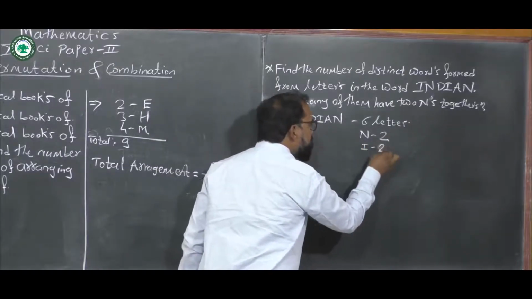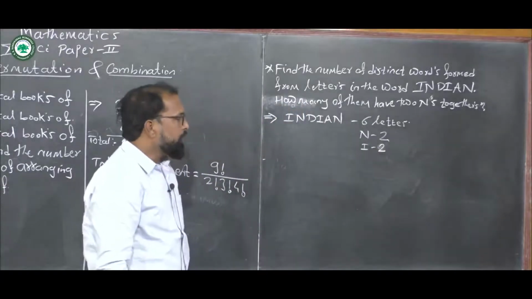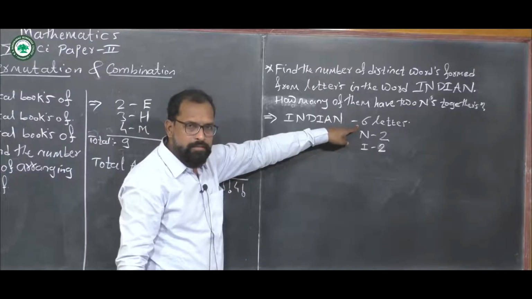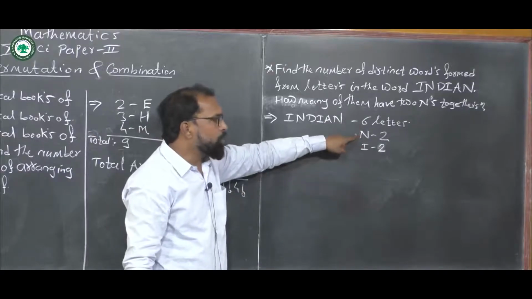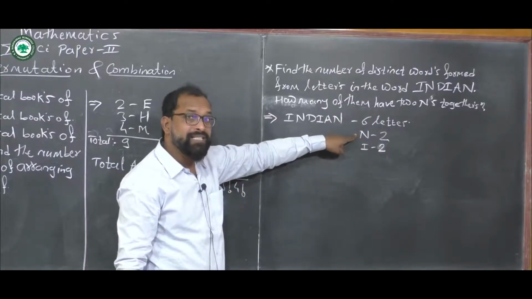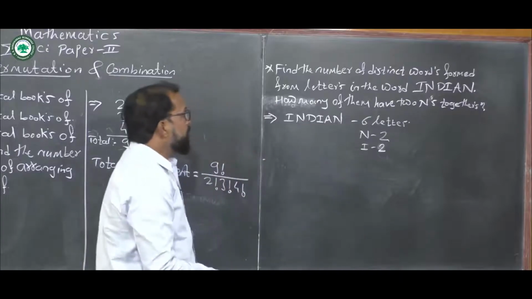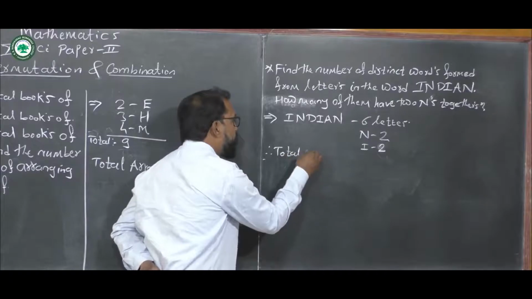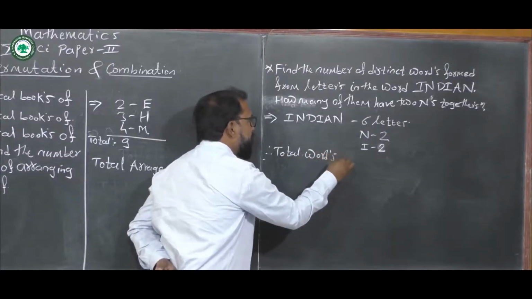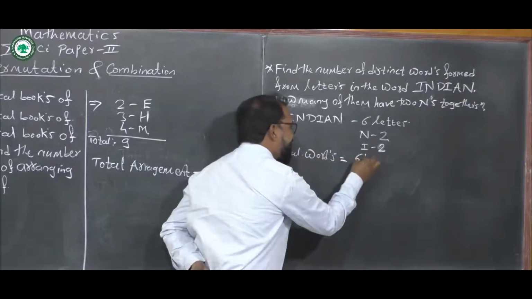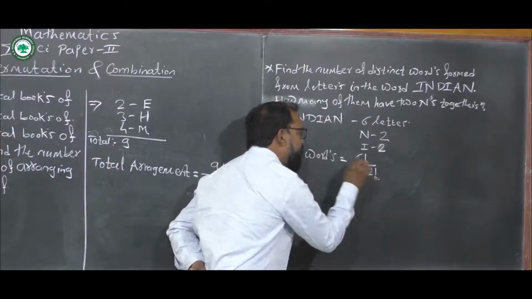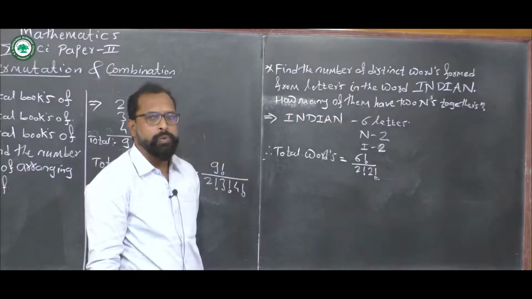So directly we can say that there are 6 objects in which 2 objects repeat twice each. So the total words equals 6 factorial upon 2 factorial into 2 factorial.